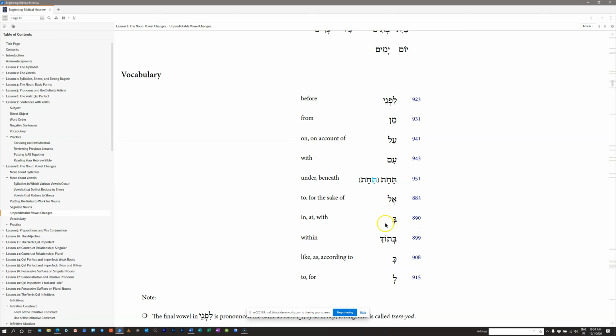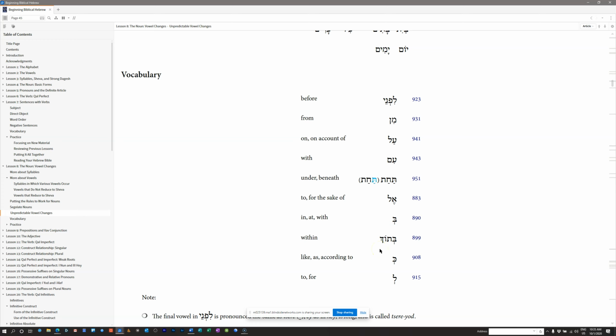All right, so there's a lot of functions that bait can have. Don't try to find sort of an anchor meaning that all of these different connotations are rooted to. It's just used in a lot of different ways. So if you do flashcards or something, you might have multiple flashcards for bait, each with a different meaning.